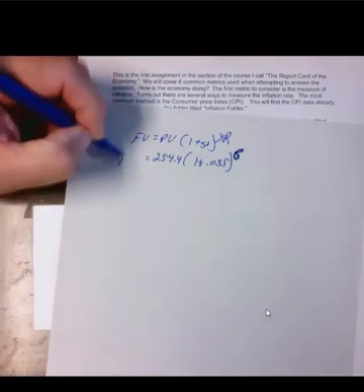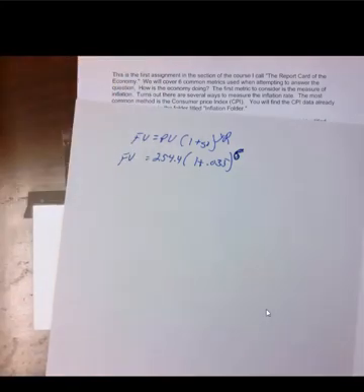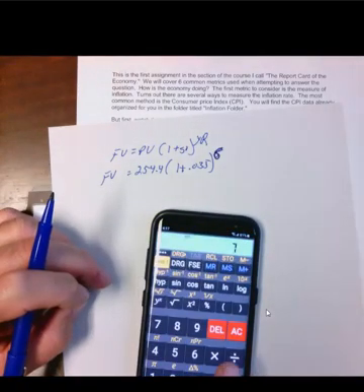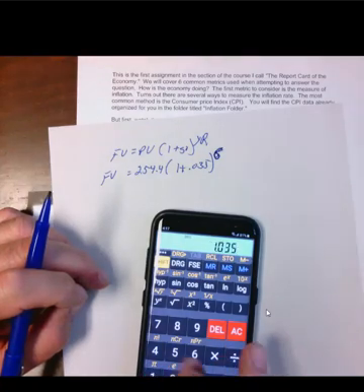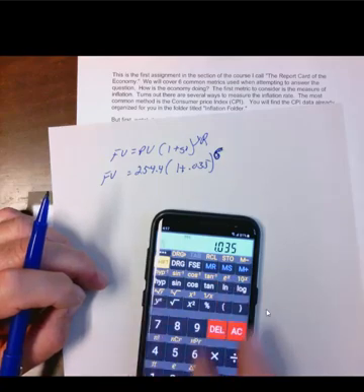And then I want to know what the future value is. So this one actually is kind of easy. All you do is it's 1.035 raised to power 6.